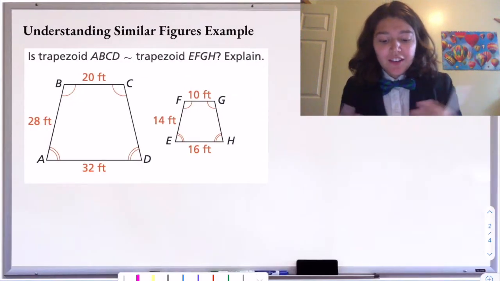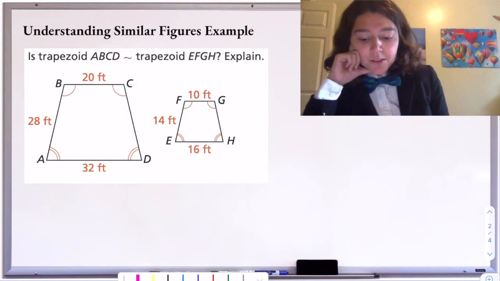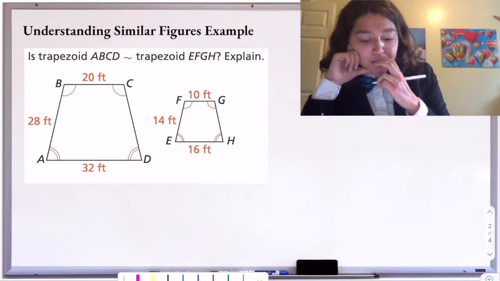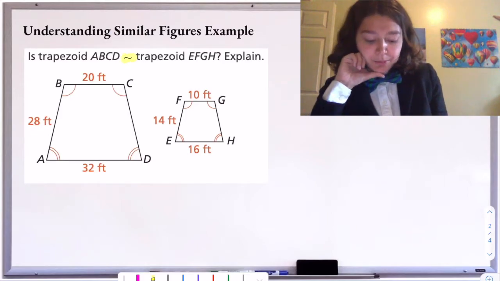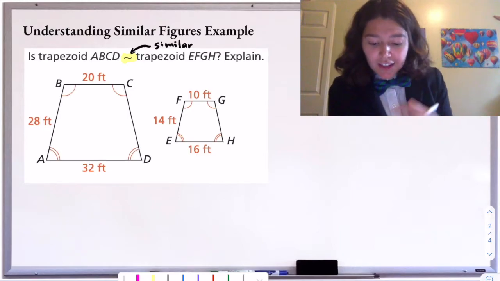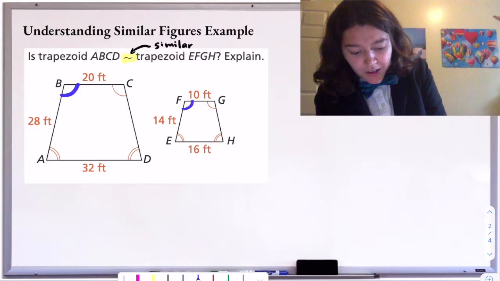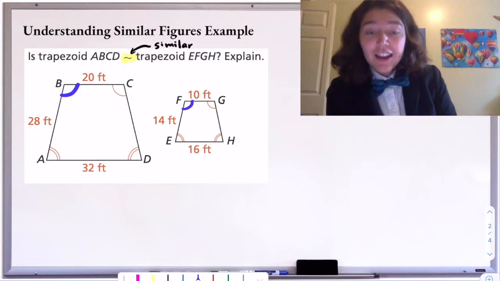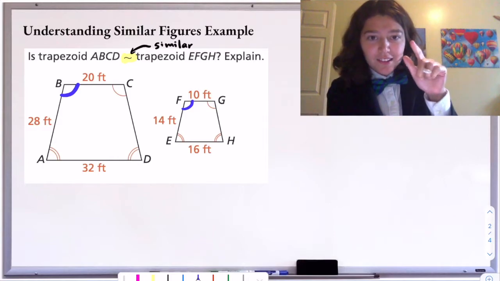We're going to start with just understanding similar figures and talk about how we can tell that two figures are similar. Here we're being asked, is trapezoid ABCD similar to trapezoid EFGH? Note this little squiggly line, that means similar to. If I look at this shape, I can see the angle B here and angle F. They are telling us those have the same angle measure, because they're just drawing that same line, right?